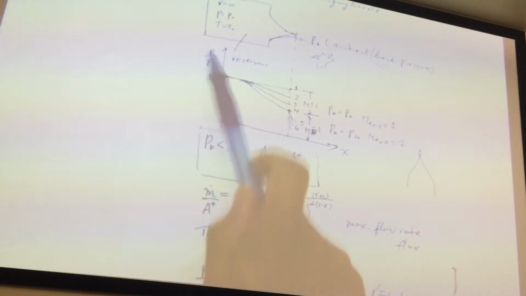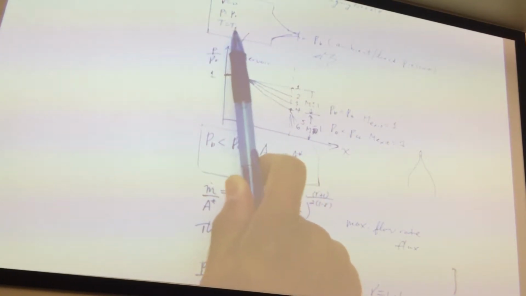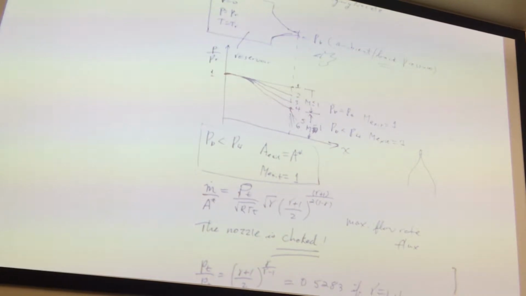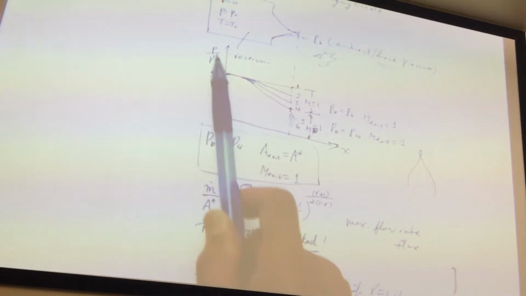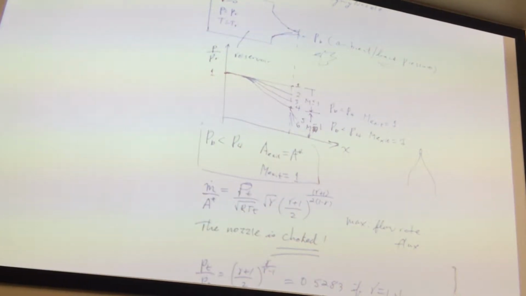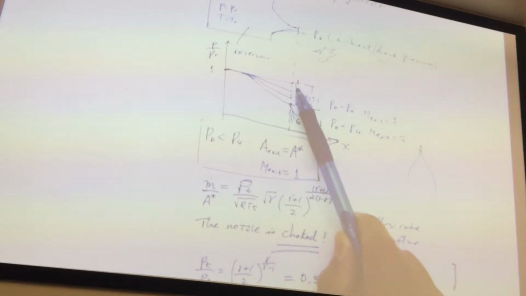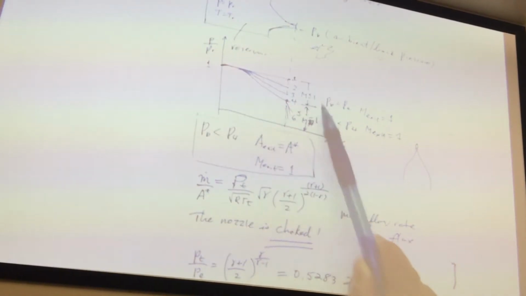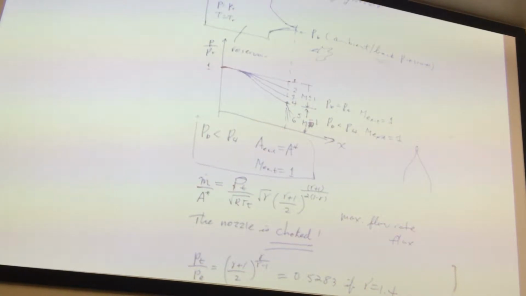So you look at the reservoir pressure being PR and the back pressure being PD. Now let's say if we are looking at P over PR, again this is the ratio. Okay? So if you look at this ratio and you say that, well, if the ratio is equal to 1, then there will be no flow and the pressure will be uniform throughout the whole nozzle.